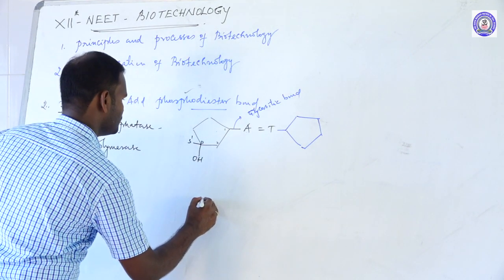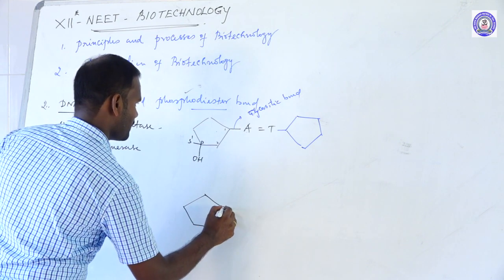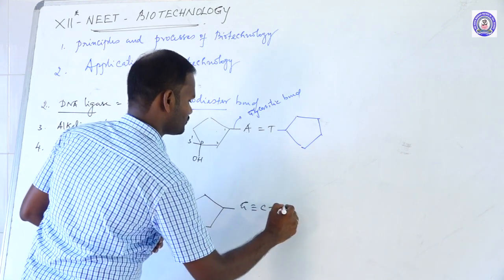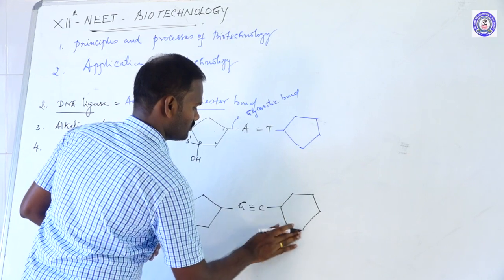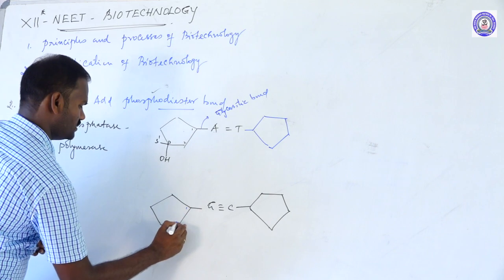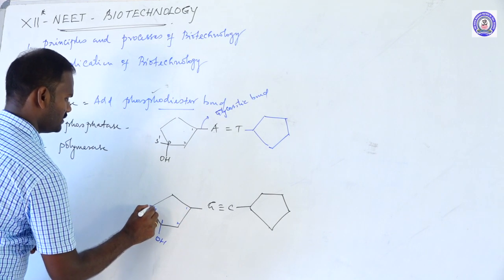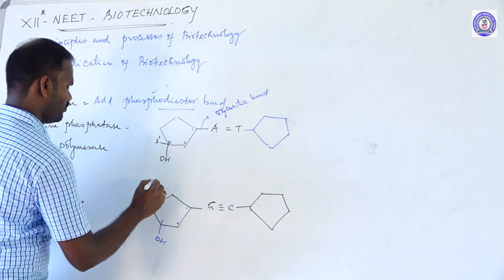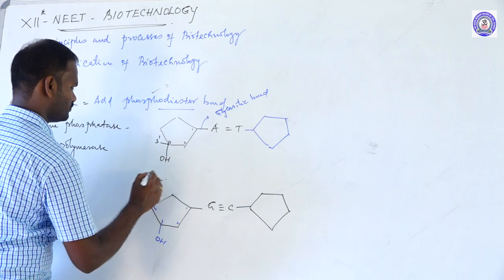See, it is another sugar, another nucleotide sequence. Guanine paired with cytosine. First carbon, second carbon, third carbon with an OH group, fourth carbon, then the fifth carbon. The fifth carbon ends with a phosphate group, PO4.